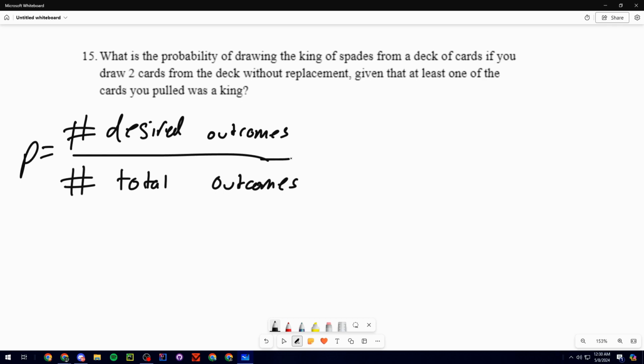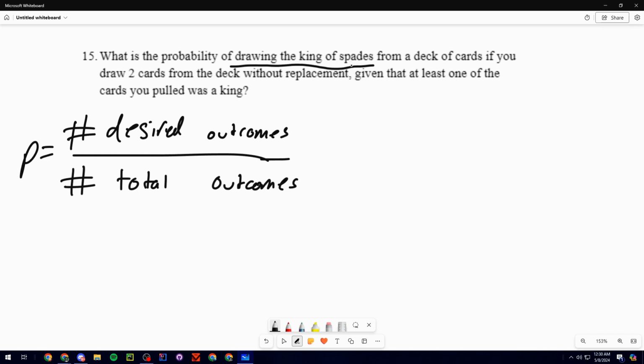And the reason I'm saying it is because it actually has a lot of important context. That is, your number of desired outcomes is important because we have a desired outcome. We want to pull a king out. Now, how do you pull a king out? Well, I'm going to ask a different question. How many different ways are there to pull out a king, because you know that at least one of them is a king, right? The idea is to pull out the king of spades.